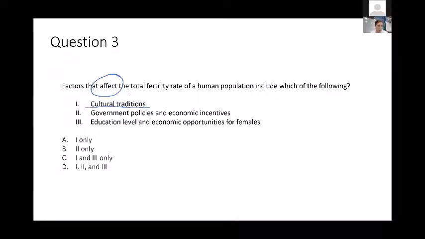If there are restrictions to family planning, people might have more children. So cultural traditions are definitely a factor. Also, government policies and economic incentives, and educational level and economic opportunities for females. We know as this goes up, our TFR tends to go down. So all three of those are definitely going to affect TFR.